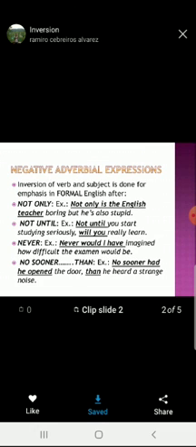But in inversion, you have to change the position. Not subject plus verb, but verb plus subject. Not only is the English teacher. Jadi bukan not only the English teacher is boring.